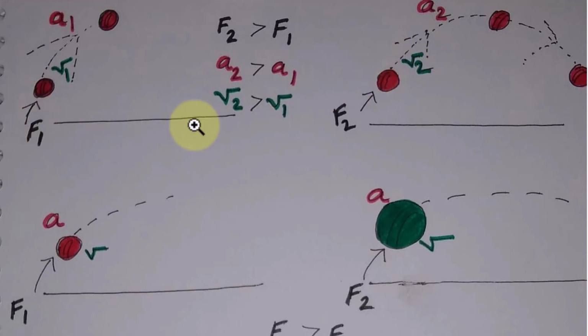In these two cases, this is a tennis ball, same mass, but if you apply less force on the body, it will move with less velocity and produce less acceleration. We know if you apply force, its velocity changes and produces acceleration.